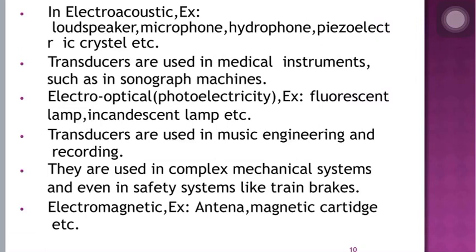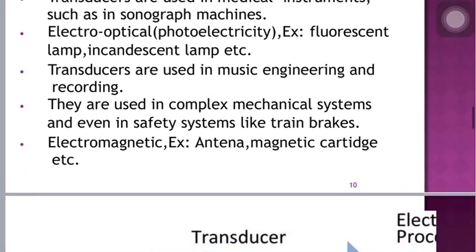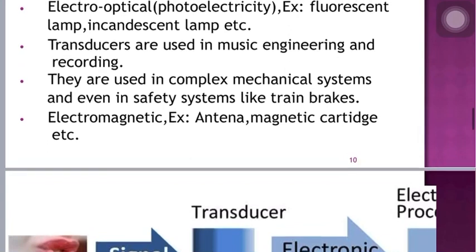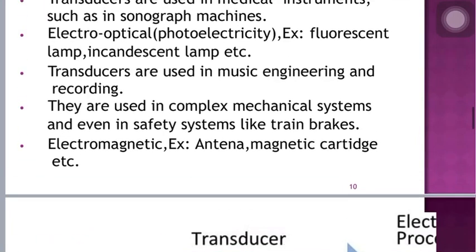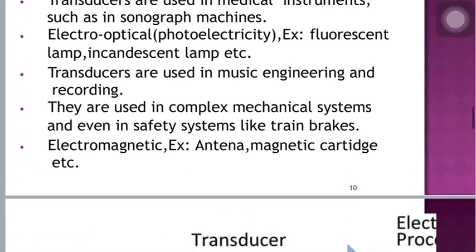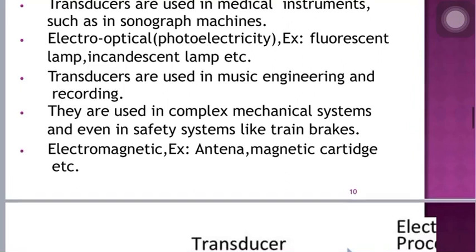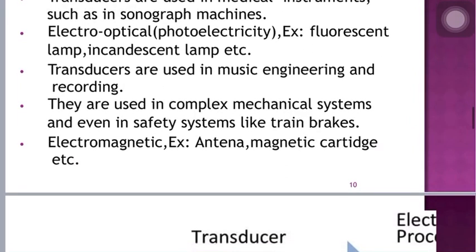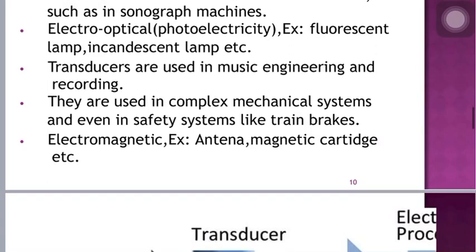Example: fluorescent lamp, incandescent lamp, etc. Transducers are used in music engineering and recording. They are used in complex mechanical systems and even in safety systems like train brakes. And electromagnetic, example: antenna, magnetic cartridge, etc.